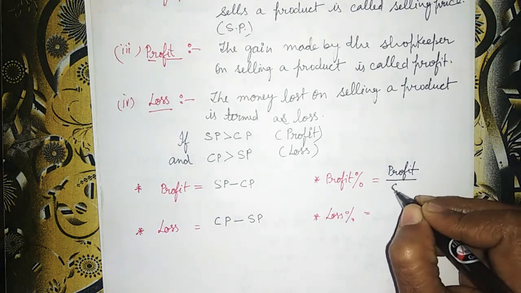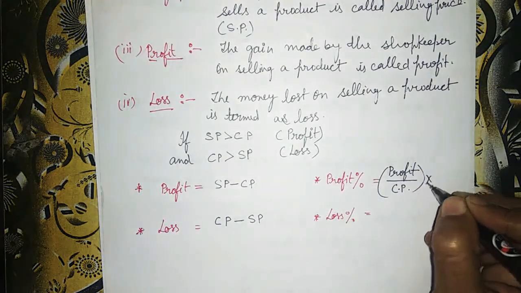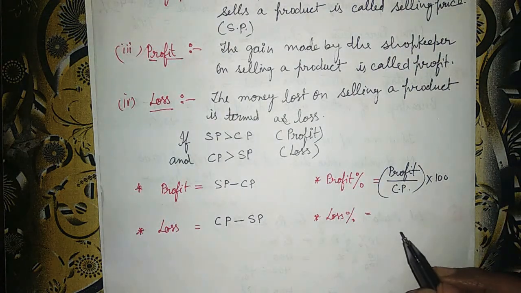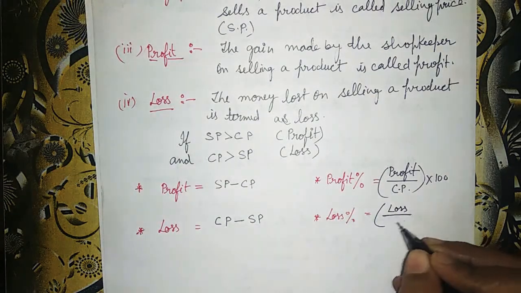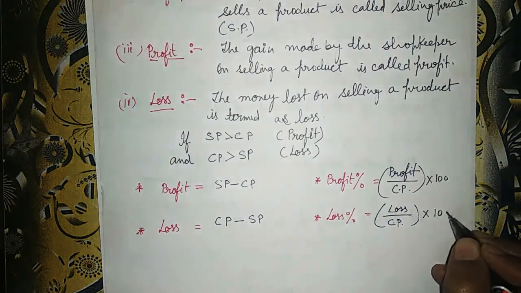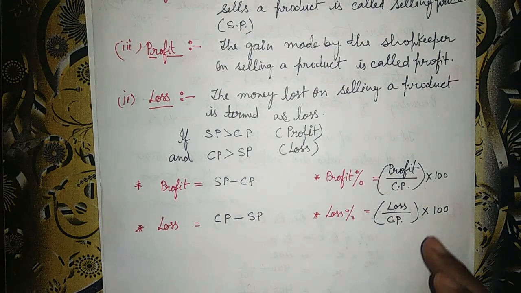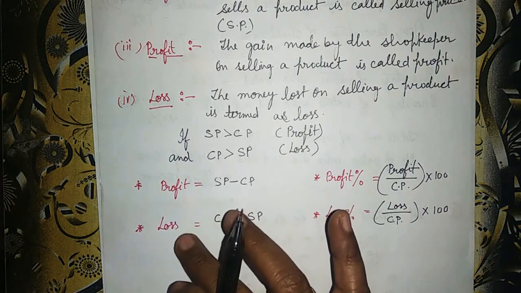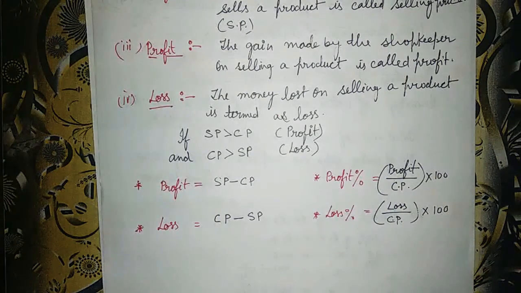Profit upon CP into 100. Okay. And for loss percent, the formula is loss upon CP into 100. These formulae we can use to find profit, loss, profit percent and loss percent.